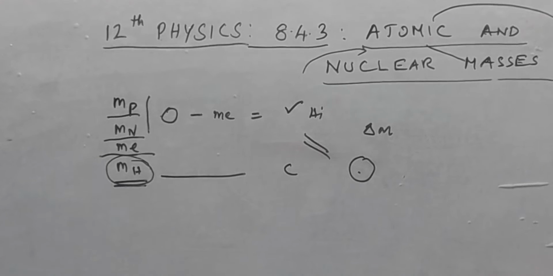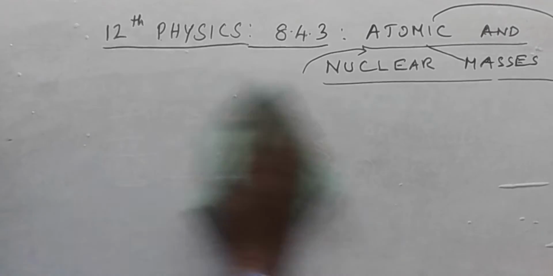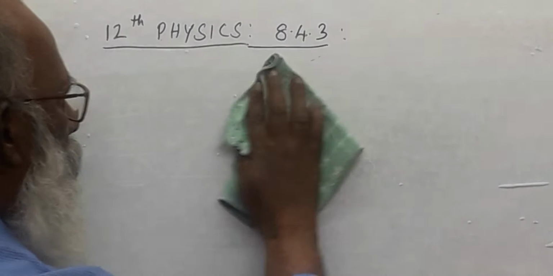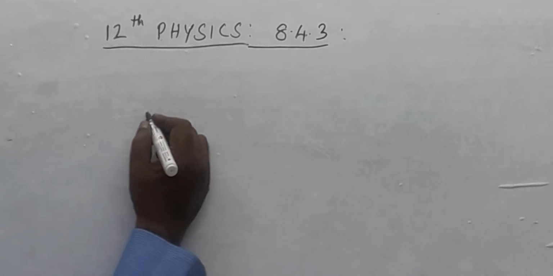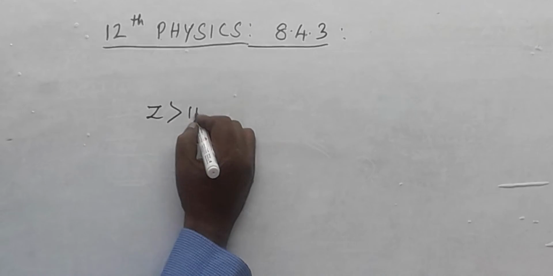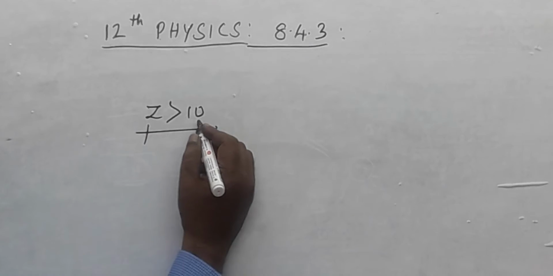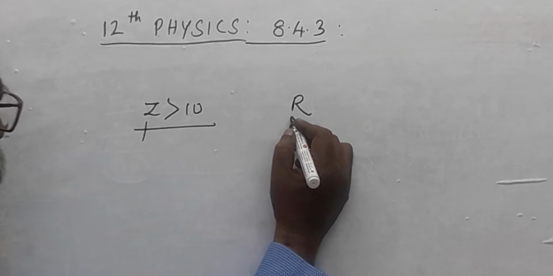What is mass defect? Before that we are going to see what is meant by nuclear size and density. Nucleus size is nothing but when you think about Z greater than 10, that is atomic number greater than 10, then R is the radius of the nucleus.